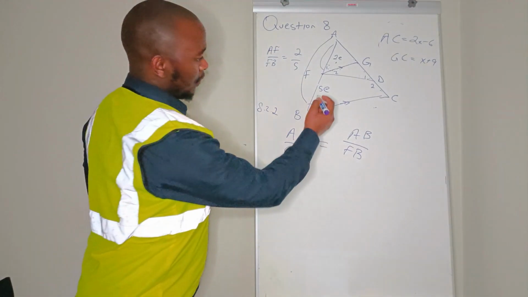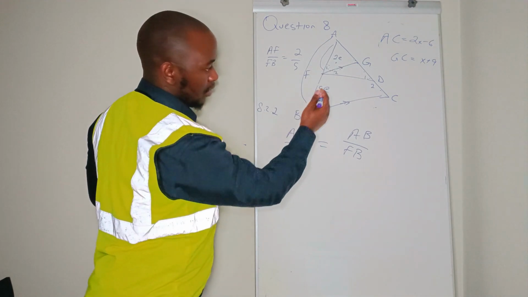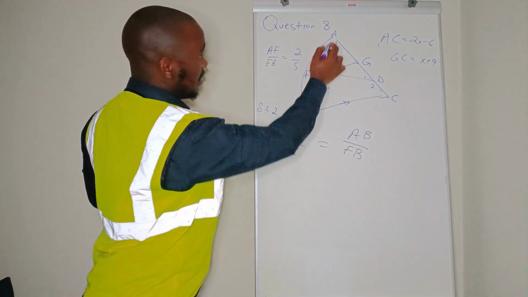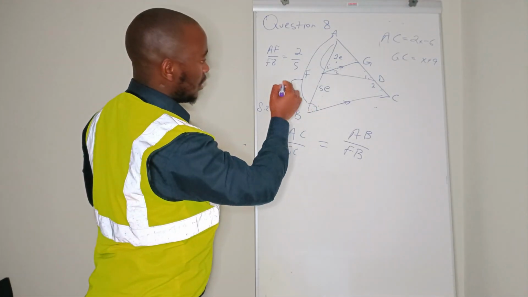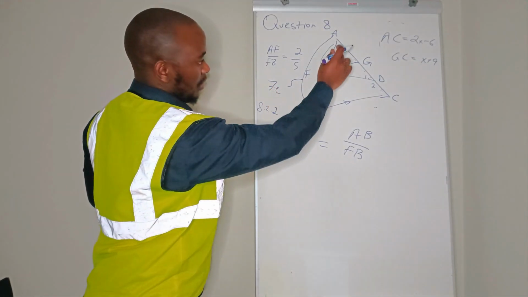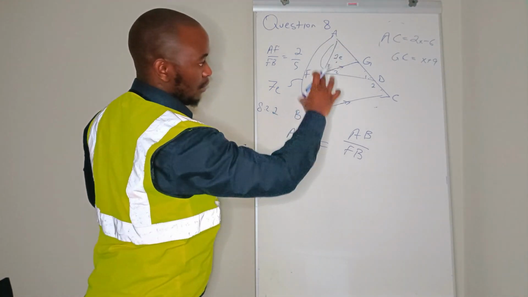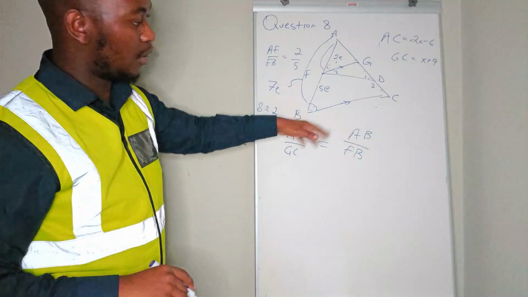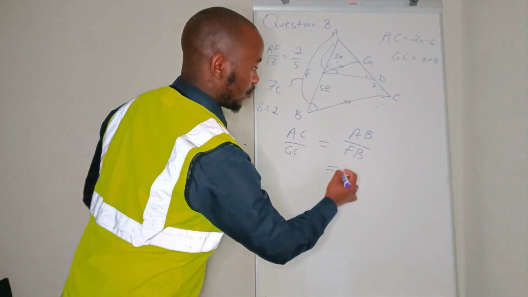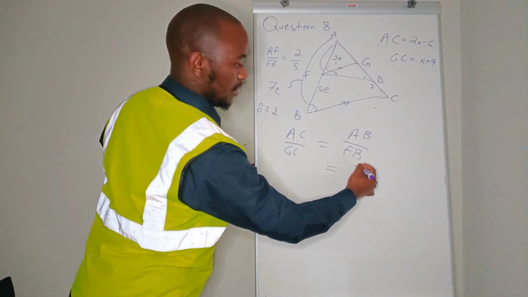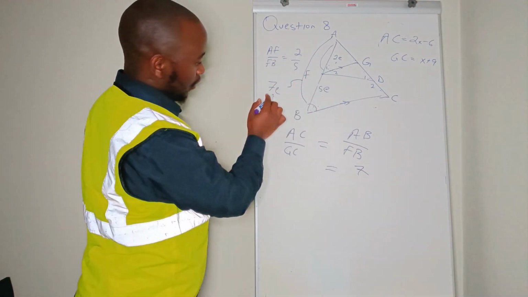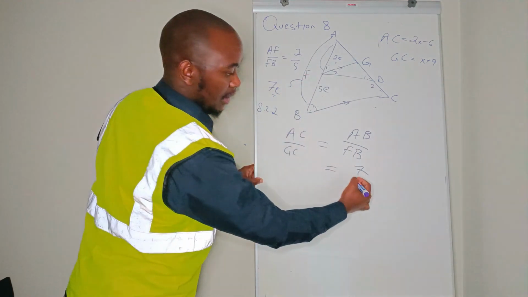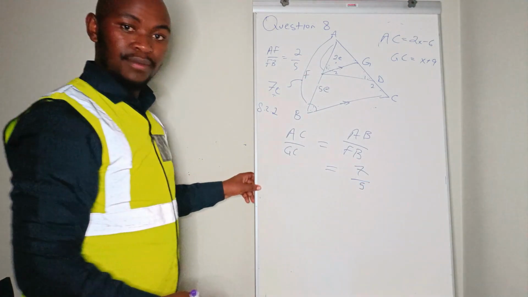But then, if FB equals 5E and AF equals 2E, then the whole of this line has to be 7E, the summation of these two, because these two make up the big line. So we already know that we're working with 7 in here when we talk of ratios. So AB is going to be 7. According to this ratio, if we take this 7 and divide by FB, we cancel the E's and we're left with 7 over 5.